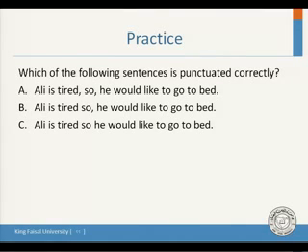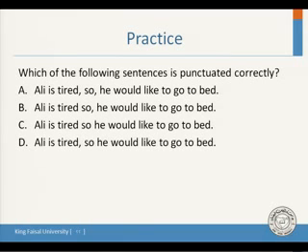Ali is tired, so he would like to go to bed. Ali is tired, comma, so he would like to go to bed. Now think about these sentences. They give the same meaning, but only one of them is punctuated correctly.